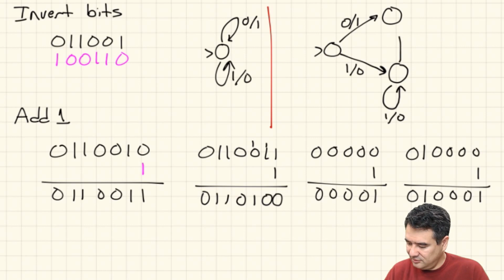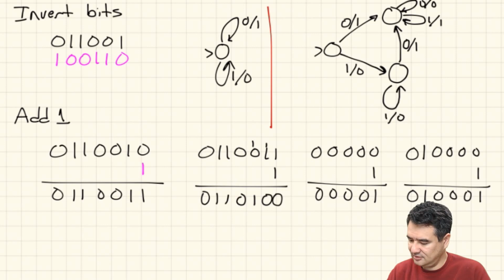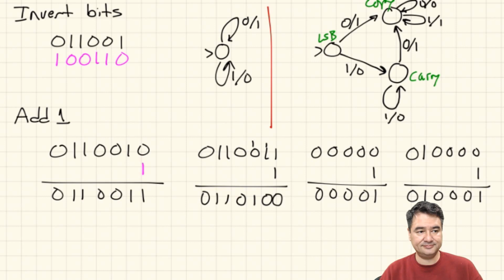But once we're all done with that, as soon as we see a 0, we'll again output a 1 because there was a carry to handle, and that is this one right here. Now we go into this phase where we're just copying the bits. So if we see a 0, we output a 0, and if we see a 1, we output a 1. Okay, so this is the carry, this is copy, and this is the least significant bit over here.